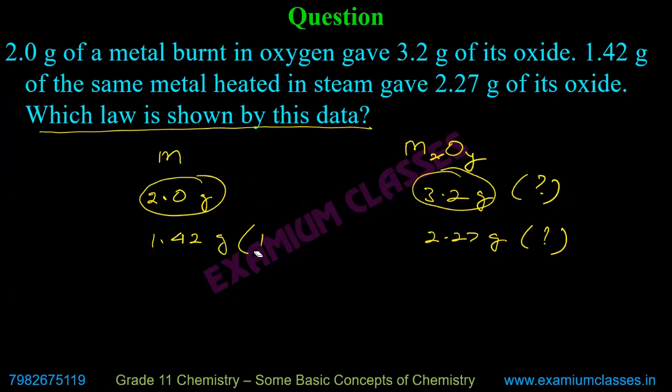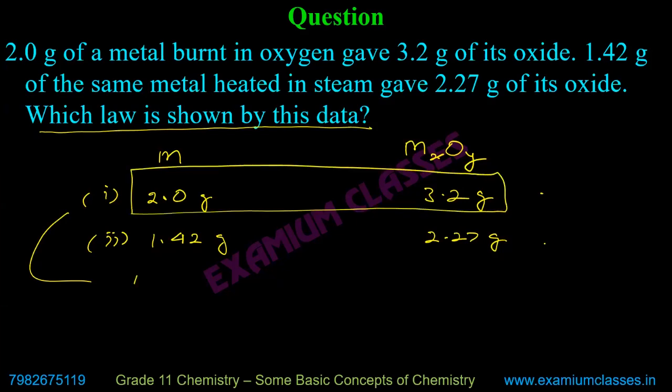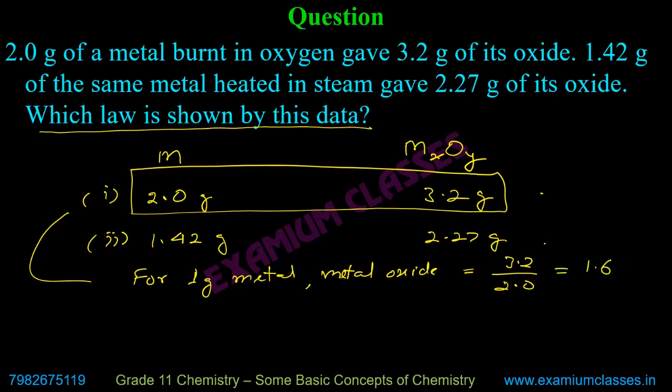So in this case, first calculate for the first part. From these values, for 1 gram of metal, the oxide will be 3.2 divided by 2.0, by the unitary method, that is 1.6 grams.